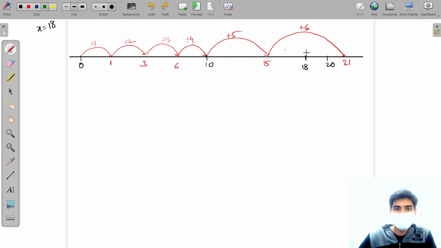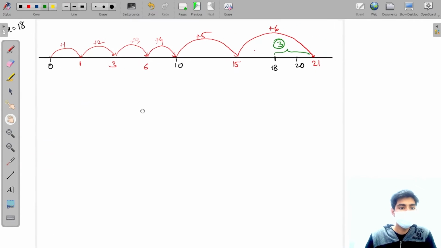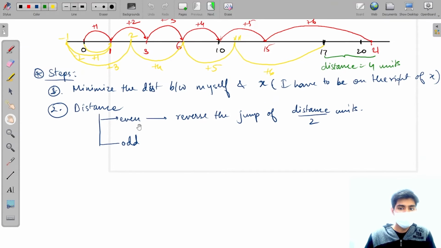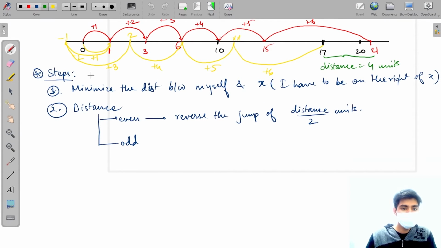So let's calculate the distance now. My distance here is 3 units. So what are we going to do in that case? Now my distance is odd, so for this case, I'll say that if my distance is odd, take one more jump.